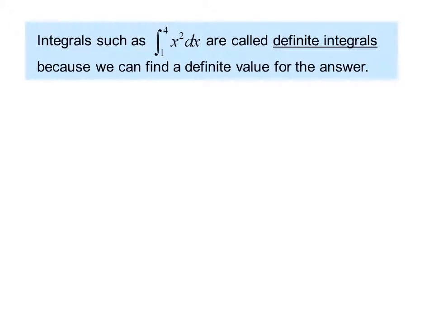Integrals such as the integral from 1 to 4 of x squared dx are called definite integrals because we can find a definite value for the answer.